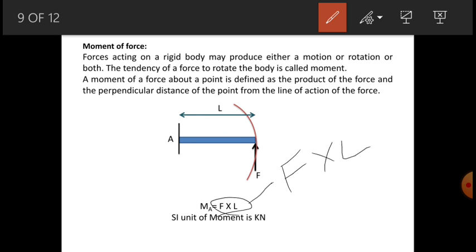The distance should be the perpendicular distance of the point from the line of action of force. The line of action of the force should be perpendicular to the distance. If it is not a perpendicular distance, you can't take that as the length.